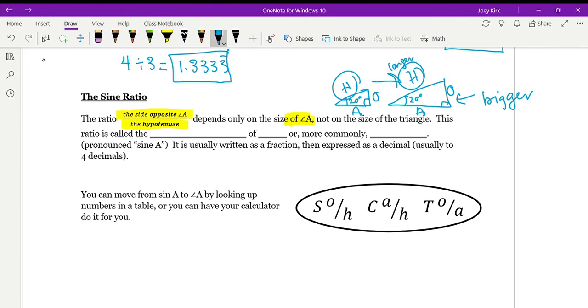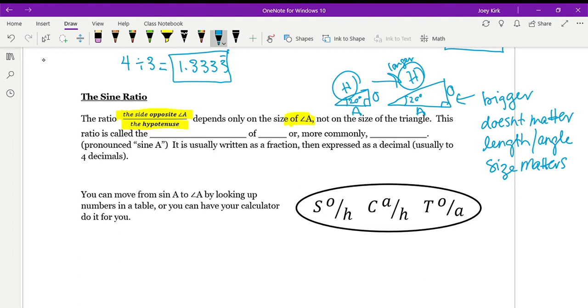But it actually doesn't matter. The ratio is always the same. Doesn't matter the length. What matters is the angle. Angle size matters. So that's what they're saying there.